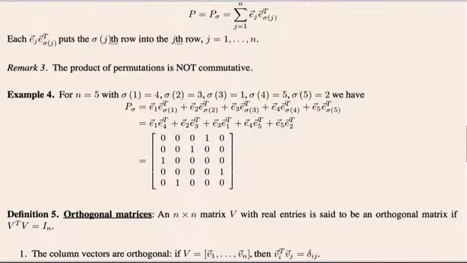Then we have P sub sigma as E1 times E sigma 1 transpose, E2 times E sigma 2 transpose, E3 times E sigma 3 transpose, E4 times E sigma 4 transpose, plus E5 times E sigma 5 transpose. And then replacing the sigma values, we get E1 E4 transpose, E2 E3 transpose, E3 E1 transpose, E4 E5 transpose, E5 E2 transpose.